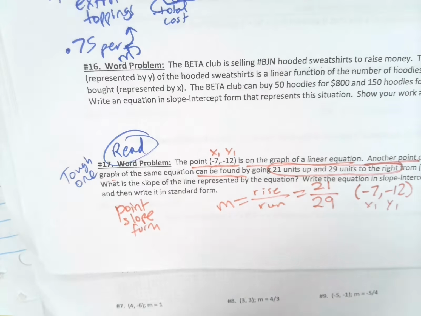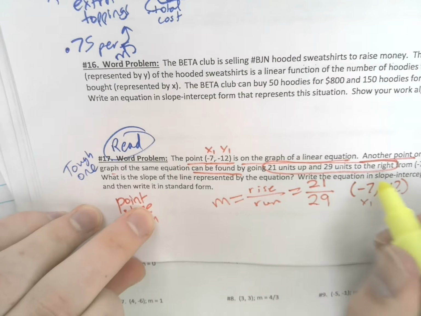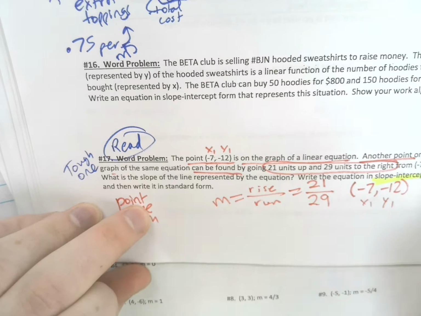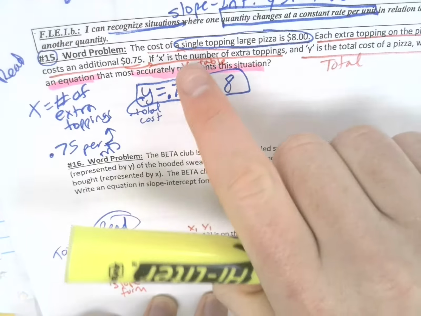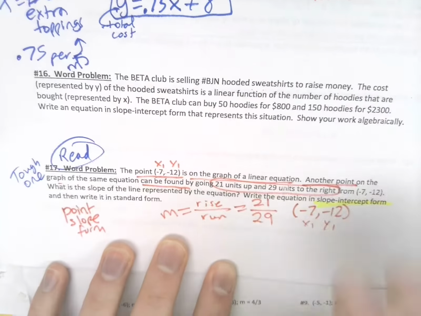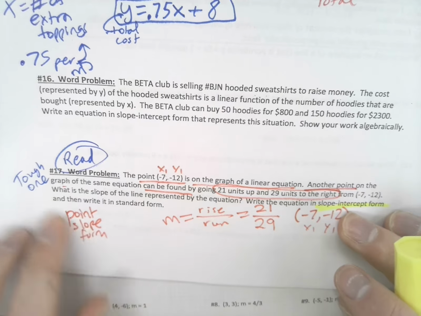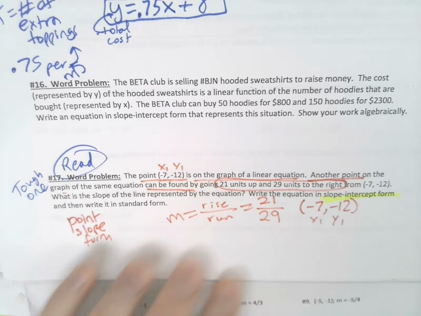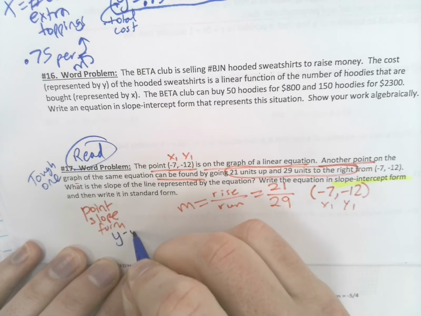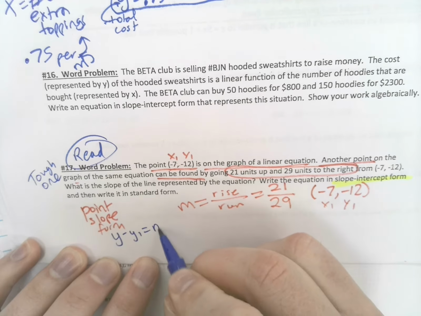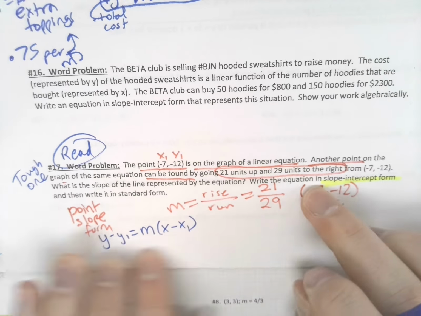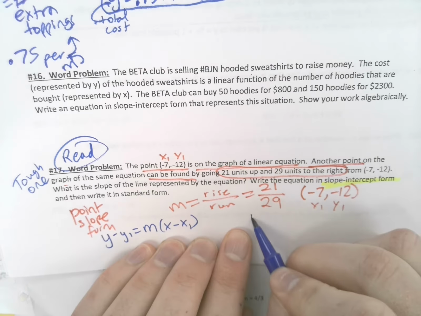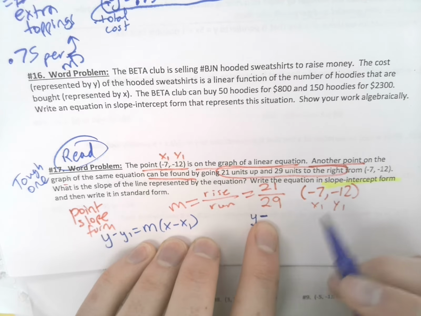Now here's the kicker. This is the tricky part. We're going to need to eventually write this equation in slope-intercept form, y equals mx plus b, but till that point, why don't we start in point slope form? And if you can't remember, y minus y1 equals m times x minus x1. So we've got y minus y1.